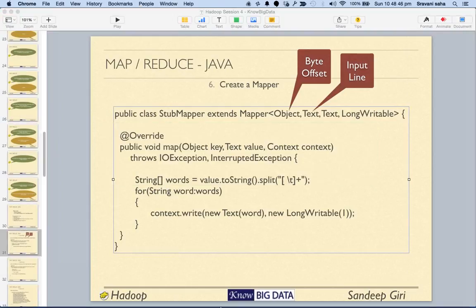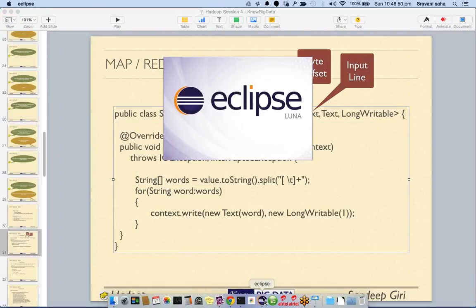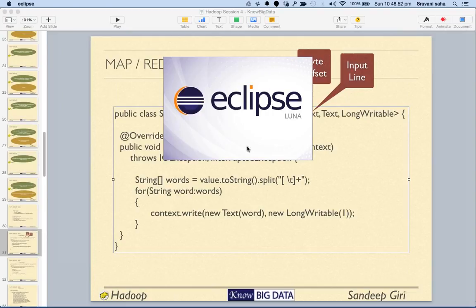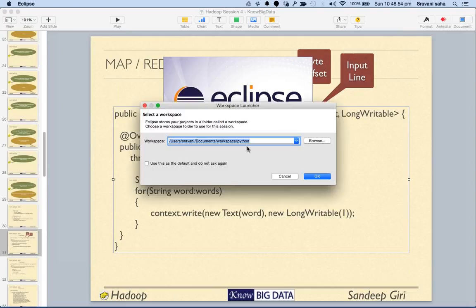All right, so let me just show you the steps. I've already created the project and created this skeleton. You can better download the project and import that.